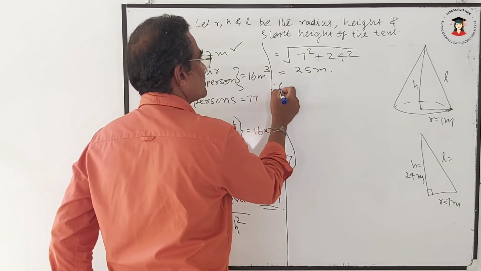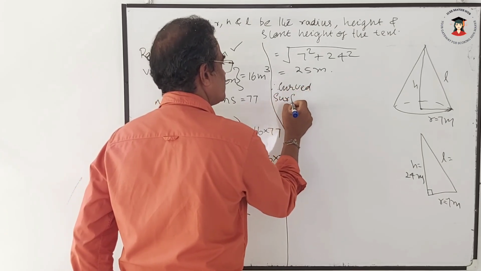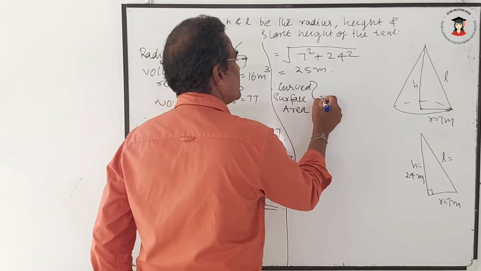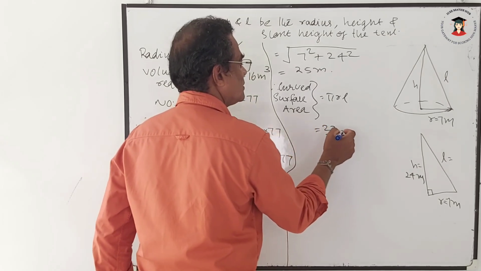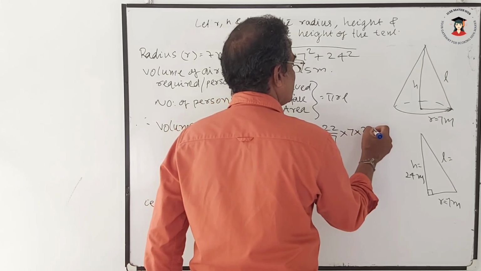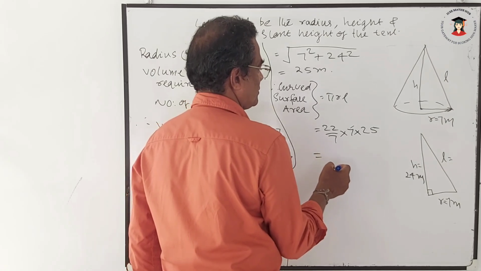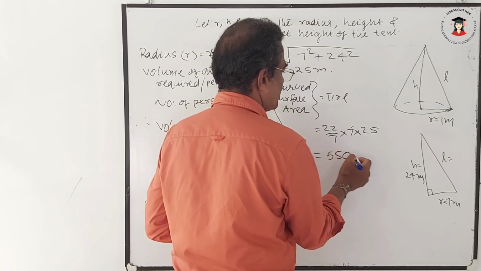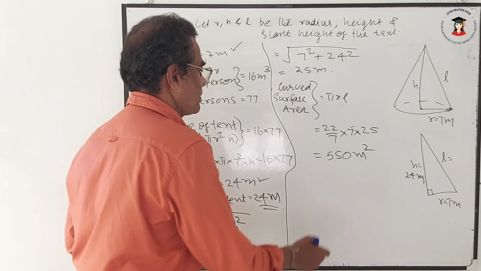Therefore, curved surface area equal to pi into r into l, equal to 22 by 7 into 7 into l, that is 25. So 7 will go, 22 into 25. This will give 550 meter square, since it is an area.